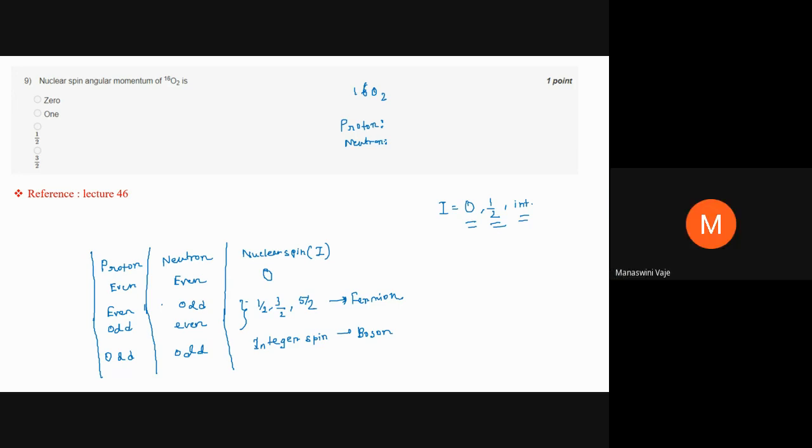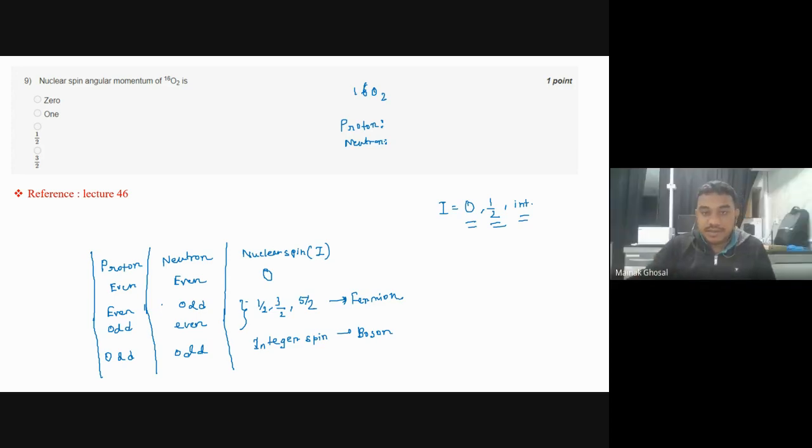Total neutron plus proton is 16. How many protons are among them? How many electrons does oxygen have?